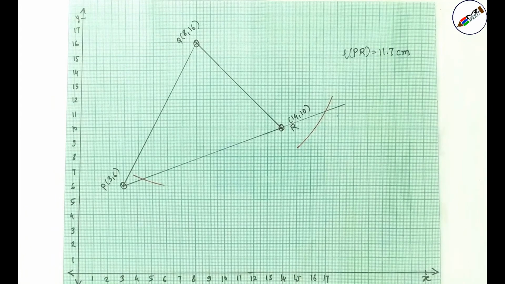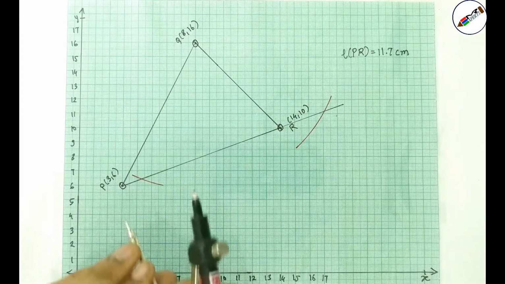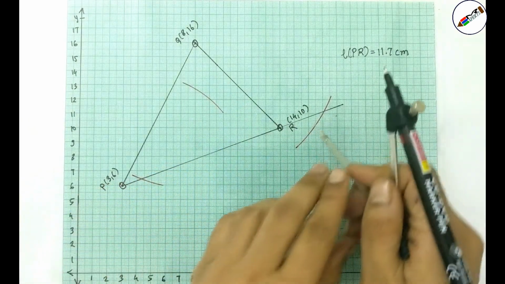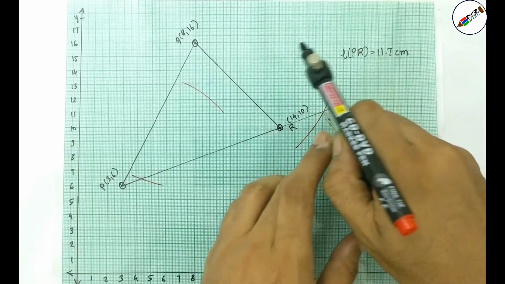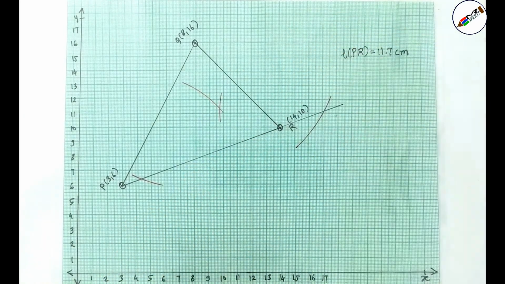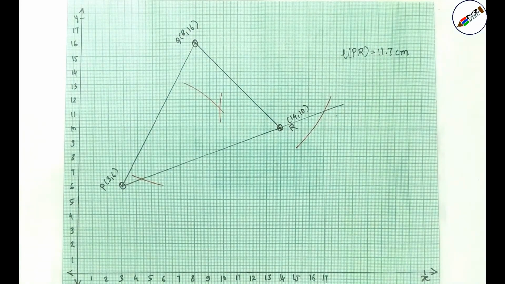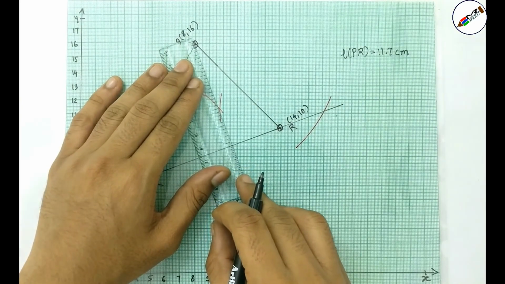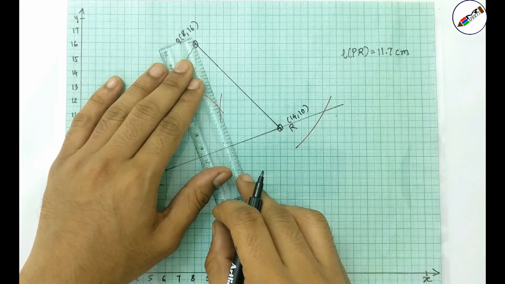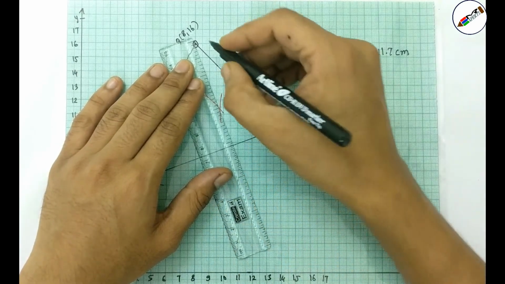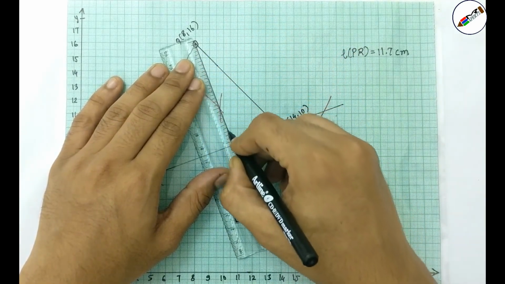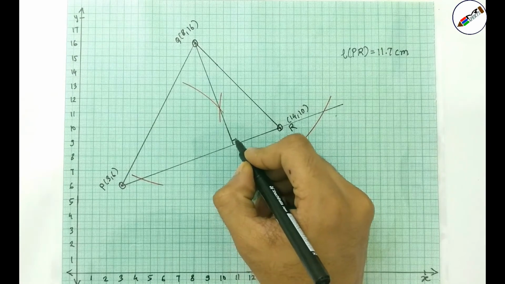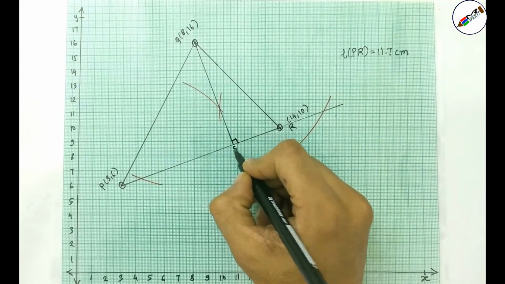Now let us drop the perpendicular. Let us join. This is our perpendicular, which is the height of the triangle. Let us say this is QS.